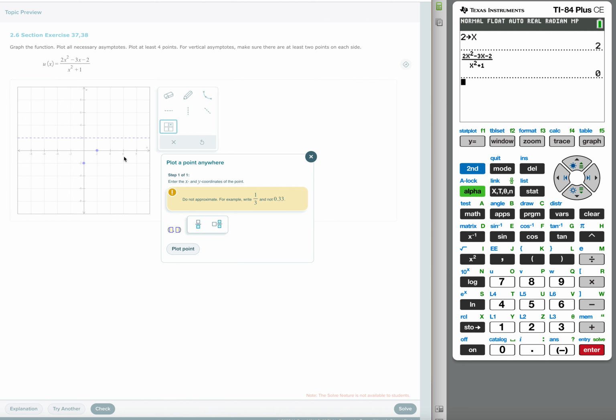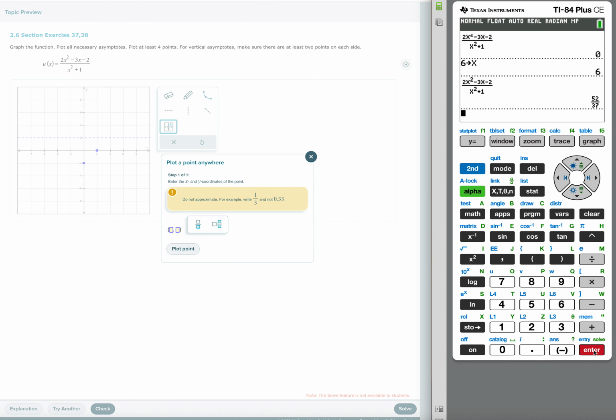Okay, let's let x equal 6. So 6 store as x, press enter, and now we'll go back up and get our function, and the calculator plugs 6 in. So the y value for 6 is 52 divided by 37.